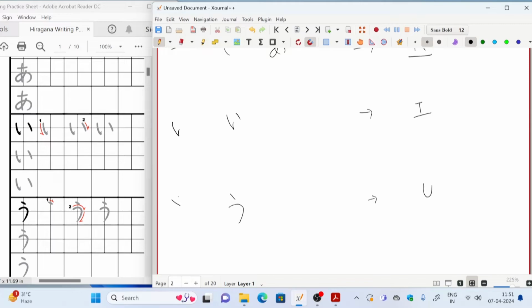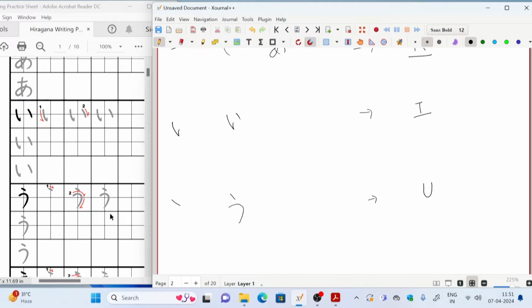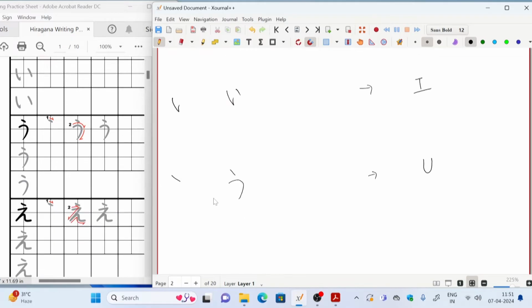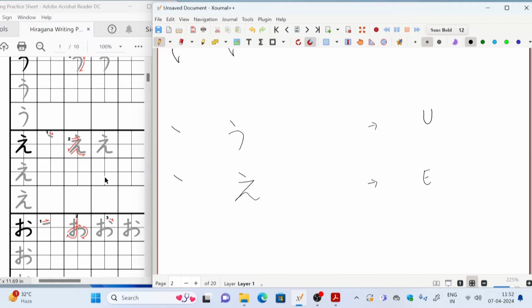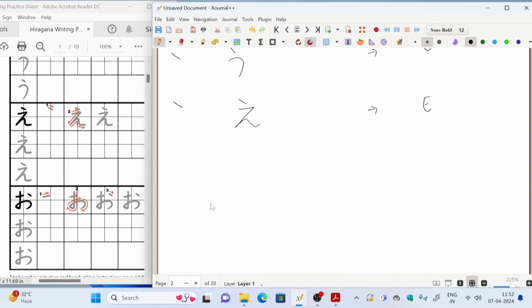This is U. Next is E. First, second, and continue like this. So this is E. Next is O. First stroke, second stroke, and then the third stroke. This is O.